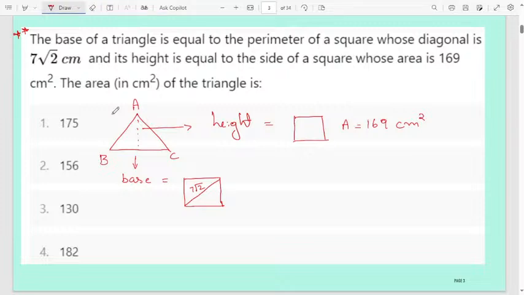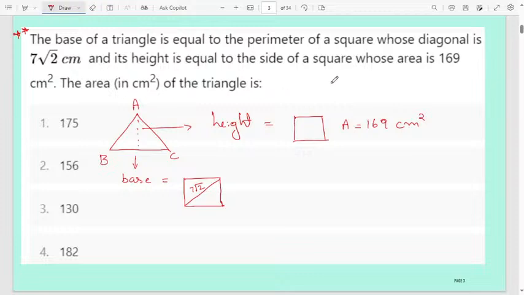But here they have not directly given the base and height values. Instead they gave the condition: the base of the triangle equals the perimeter of a square whose diagonal is 7 root 2, and the height equals the side of a square whose area is 169 centimeter square.